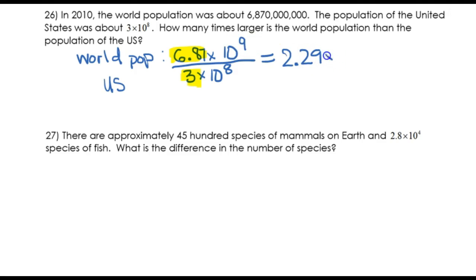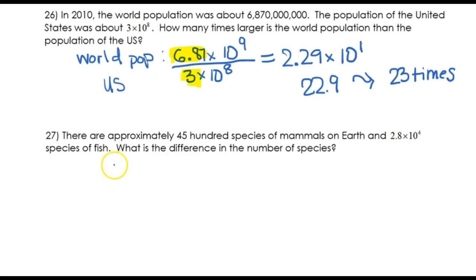Now, times 10, when we're dividing the same base, we subtract the exponents. 9 minus 8 gives me 1. So this is 2.29 times 10, or 22.9. I would round this up to 23 times.